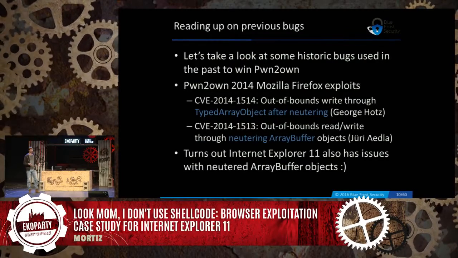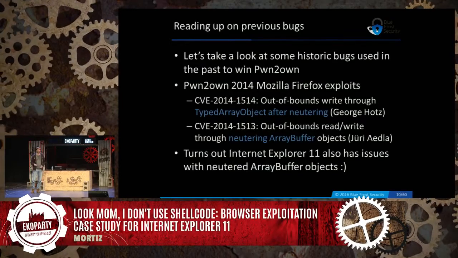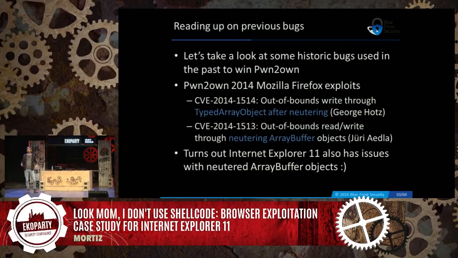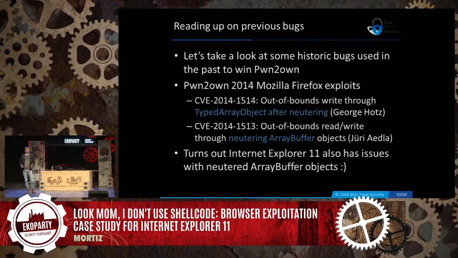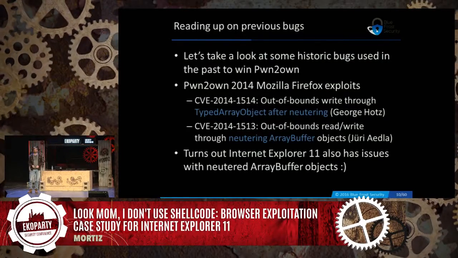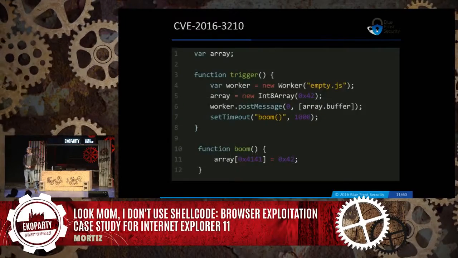So it looks like the whole concept of array buffers and the neutering process of the underlying array buffers is really complex to implement. I was interested in whether IE11 had issues with this as well, and it turns out yes, it has.